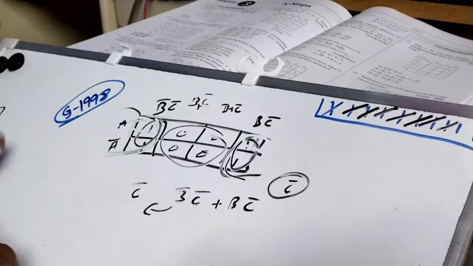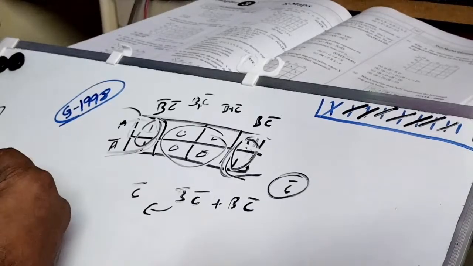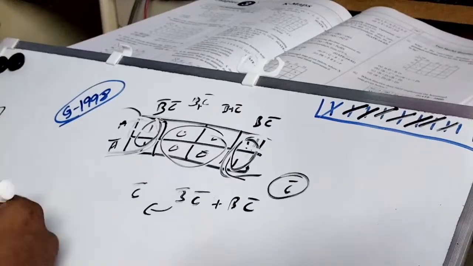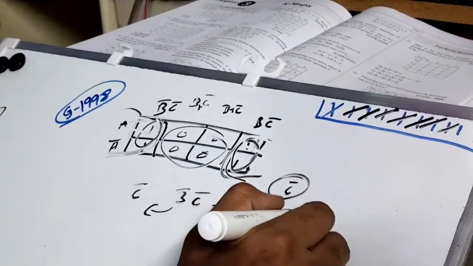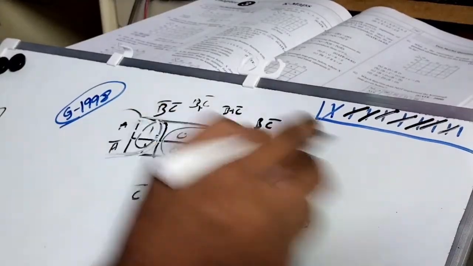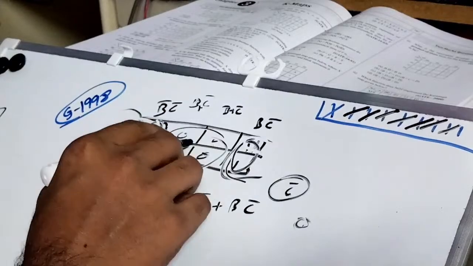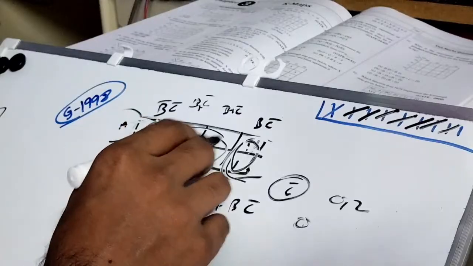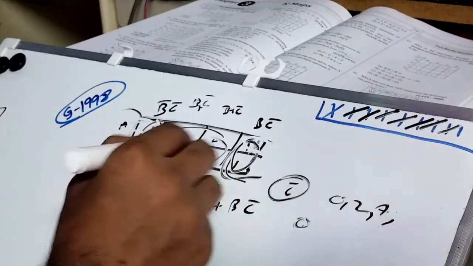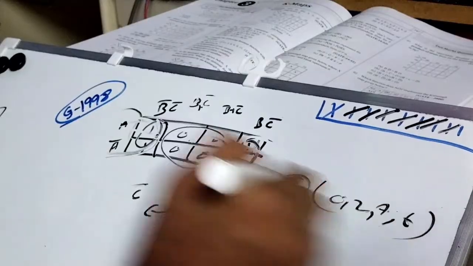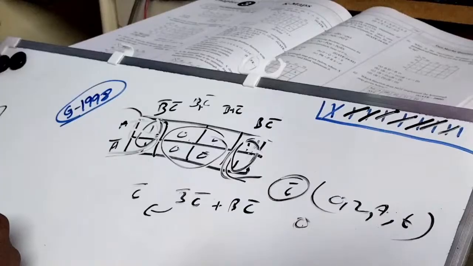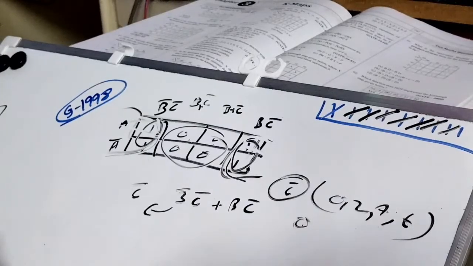AB, it would be AB plus BC plus 0. AB plus BC plus 0. It is 0, 1, 2, 3. No, 1, 2, 1, 0, 1, 2, 3. 0, 2, 4, 4, 6. 0, 2, 4, 6. 0 to 6.